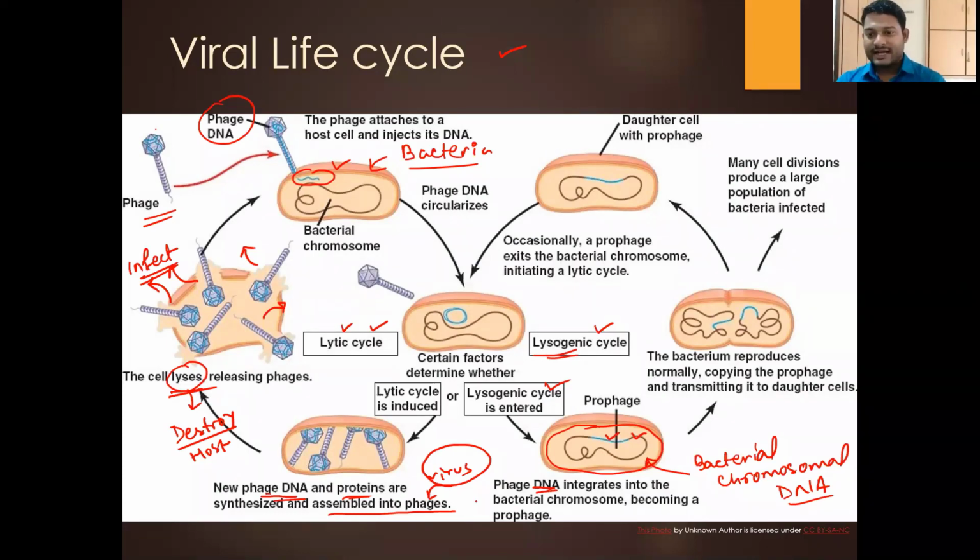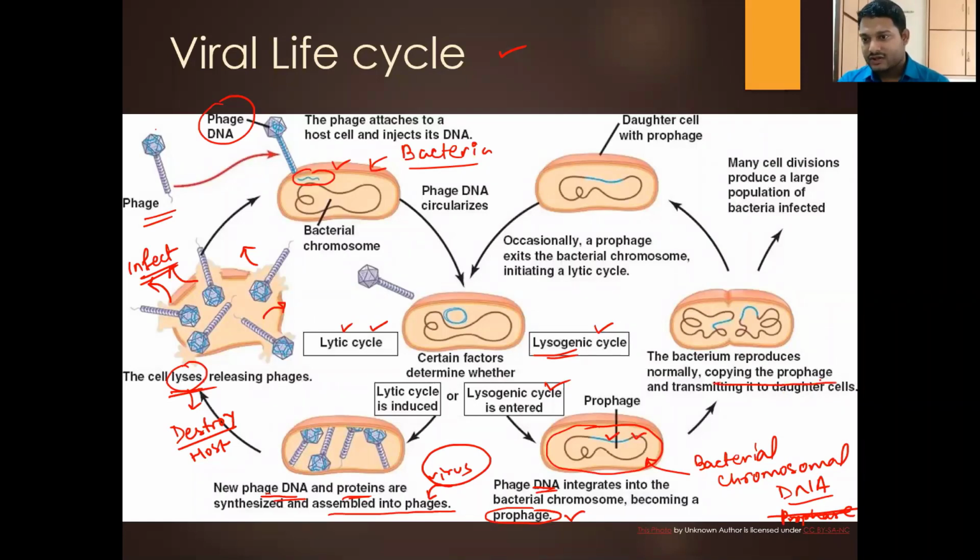Because of that, it is called a prophage. It is different from the cell cycle, where you have prophase. This one is phage, prophage, so don't confuse them. Once the prophage is formed, it continues. The bacterium is going to live normally and divide normally, reproducing every 20 minutes, and it makes copies of the prophage.